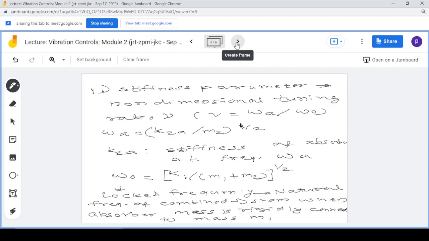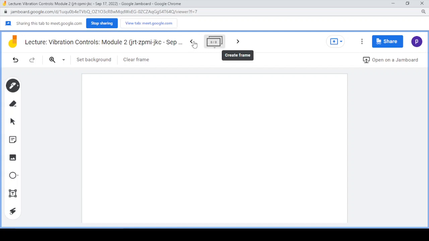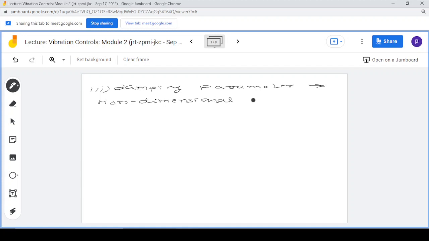Now let us look at the third parameter. The third parameter of the system is called the damping parameter. It is denoted by the non-dimensional loss factor. Now in the MCQs I have shared, you might have found different MCQs which were based on this loss factor.